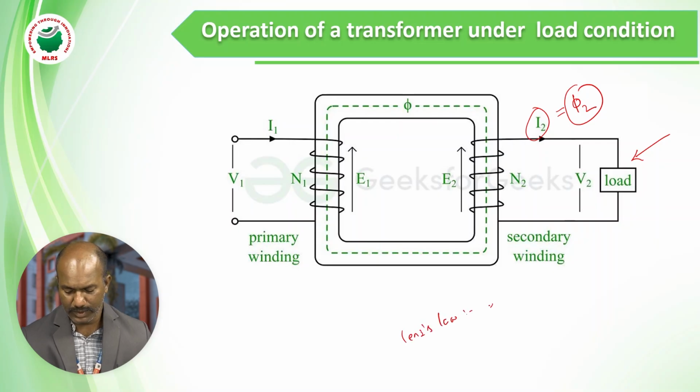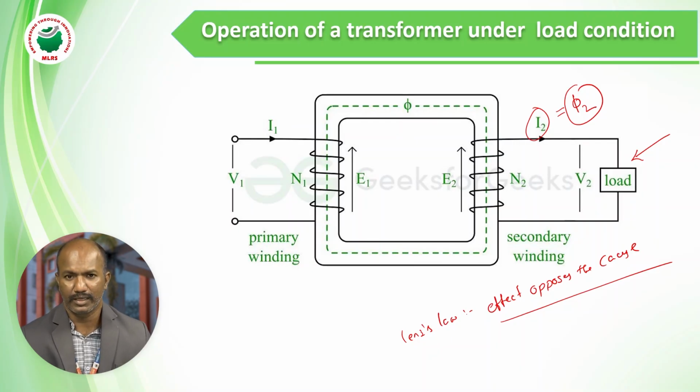statement? Effect opposes the cause. So in simple words, Lenz's law is effect opposes the cause. Now what is the effect and what is the cause? Here effect is the phi 2 and cause is the phi.